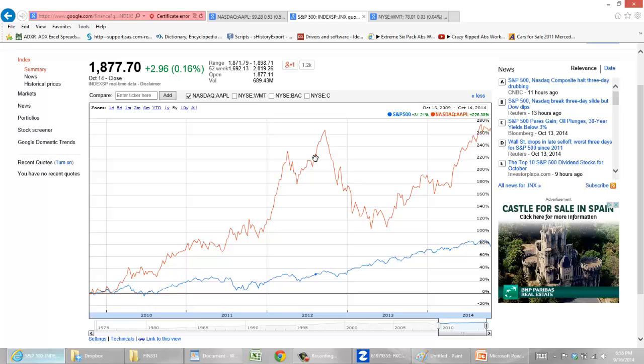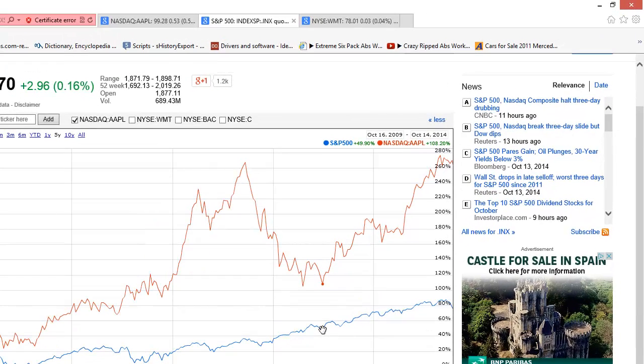In this case, I can say Apple has very high systematic risk, especially if you look at the period from the middle of 2013 to today. The market is going up in a smooth manner, right? However, look at Apple, it just rockets through the roof, right? So Apple has very high systematic risk.